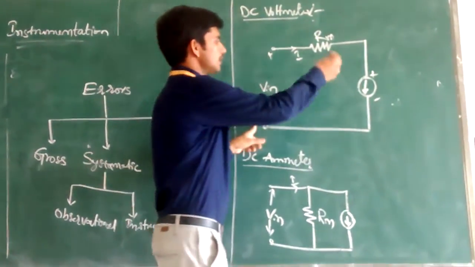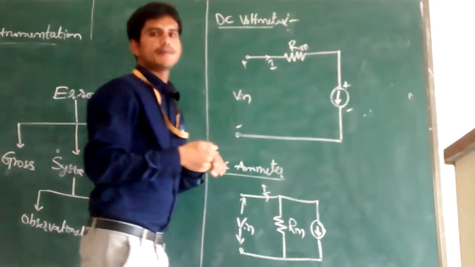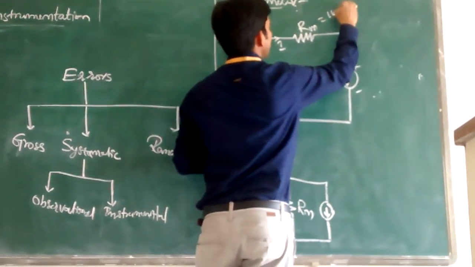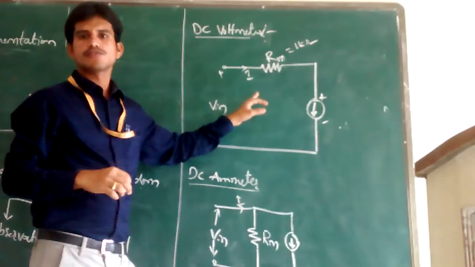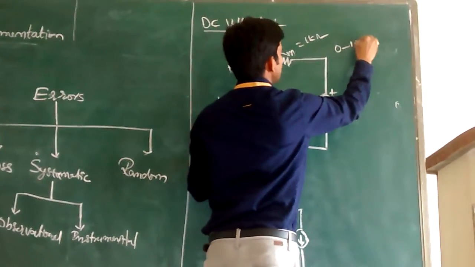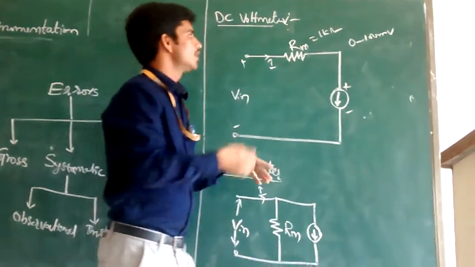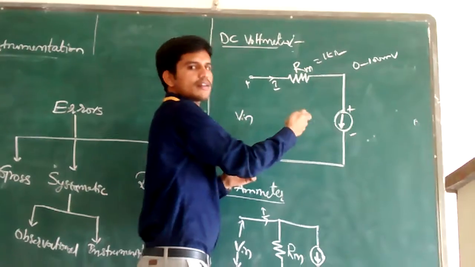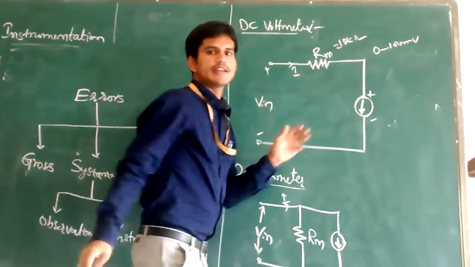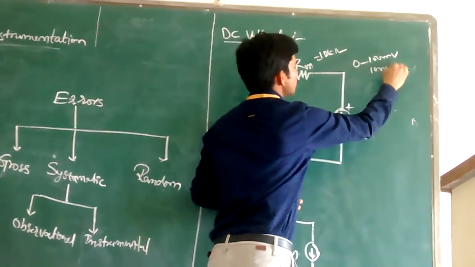Here the range of the voltmeter can be varied by using different multipliers. For example, if you are using a 1 k multiplier resistance, it measures a certain range, 0 to 100 millivolts. Now if we want to extend the range of this voltmeter, we simply use another multiplier resistance. Instead of 1 k, we can use a 10 k multiplier, and then the range of the voltmeter may extend up to say 1000 millivolts.